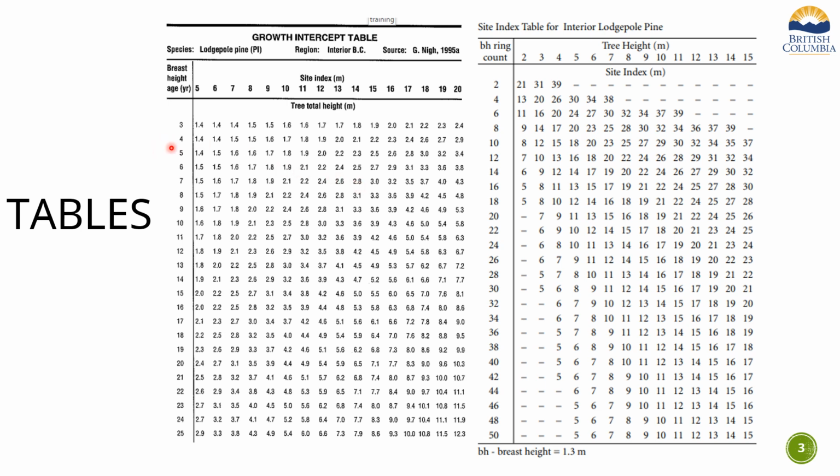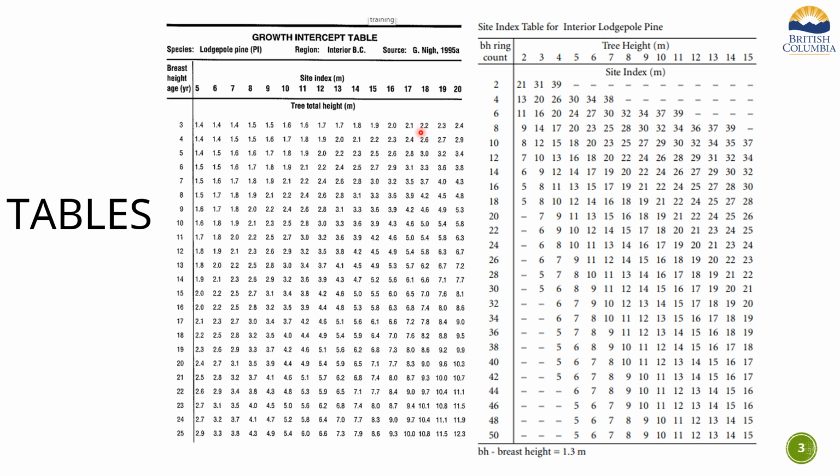So if I go to breast height age 4, and I go to height of 2, that gives me a 13-meter site index. If I go to 2.2, 15, 2.4, 17, etc. So the resolution is far better, though again, only available for 3 species, and they also happen to be out of date.